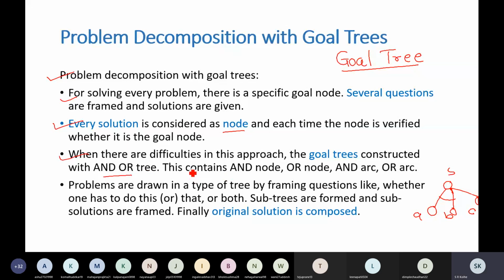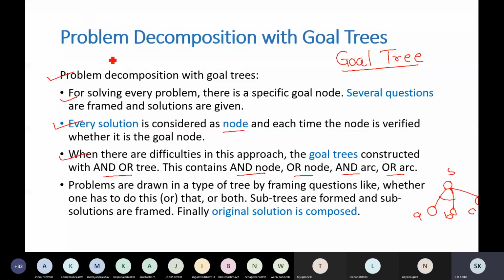Already we have discussed this. Sometimes you will have to solve sub problems together. So if that is the requirement, we model that as an AND type of subgraph. So this AND/OR type of subgraph will contain AND nodes, OR nodes, AND arcs and OR arcs. Now this is OR arc and this is AND arc.